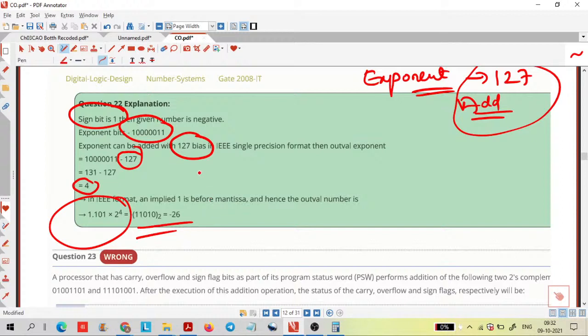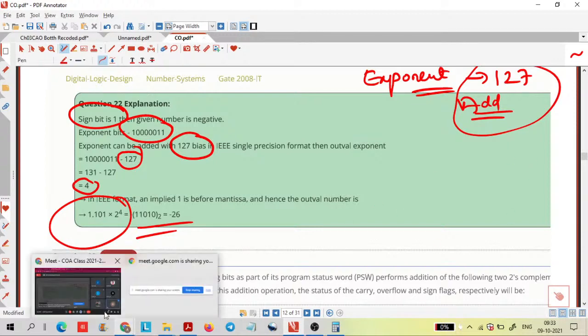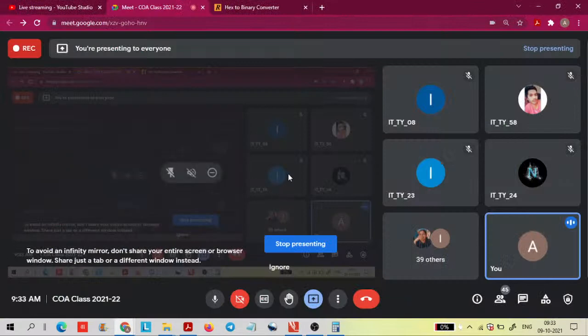Like in third year you are having some database subjects, operating system subjects. What are the subjects you are having this semester? Yes, roll number 58. Roll number 58. 23 8.